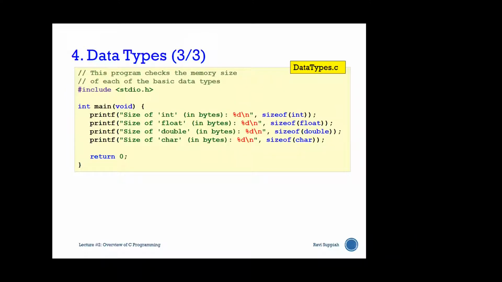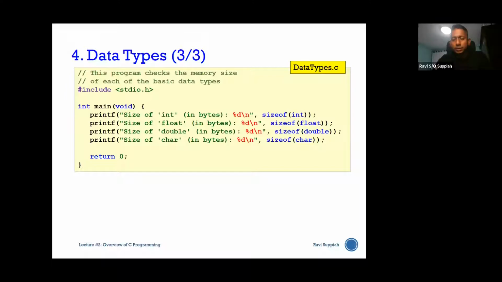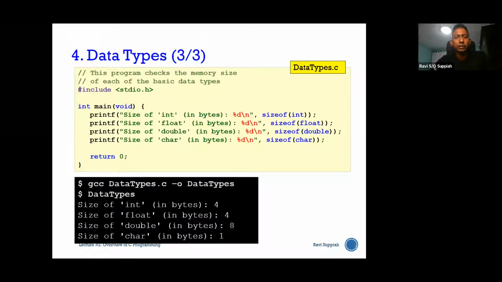In this set of slides where we talked about size, if you run it, you should generally see something like this. The thing that is constant across all compilers is character size. Character size has always been 1 byte regardless of what kind of system you run on.